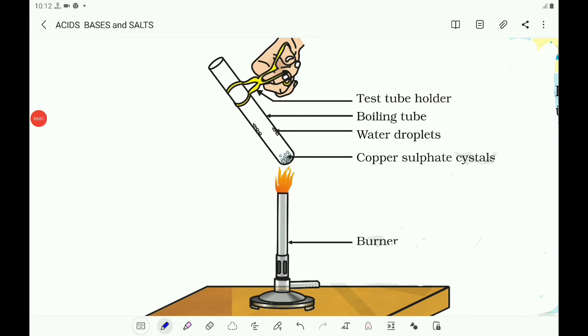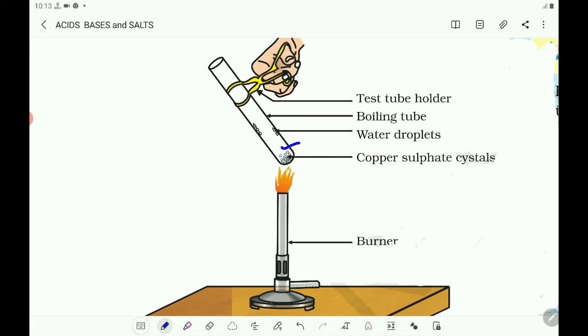Children, you do one activity to verify whether crystals of salts are really dry or not. Copper sulphate crystals which seem to be dry contain water of crystallization. When you heat the crystals, this water is removed and the salt turns white. So take some crystals of copper sulphate in a dry boiling tube.